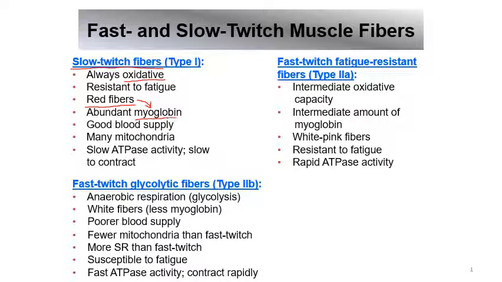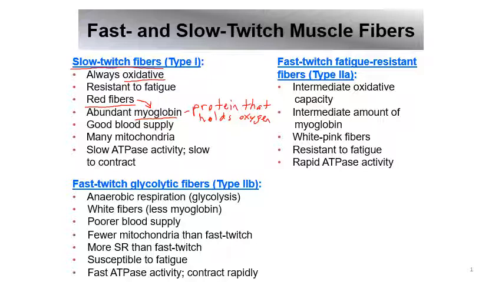Myoglobin, which we saw a few slides ago, is the protein that holds oxygen and brings it over when the muscle cell needs it. When myoglobin holds the oxygen, it has a red color.